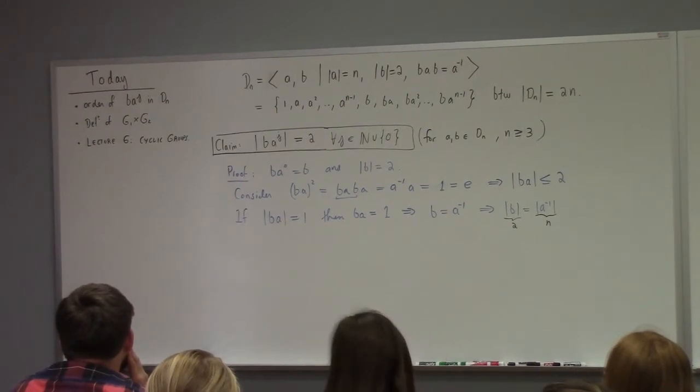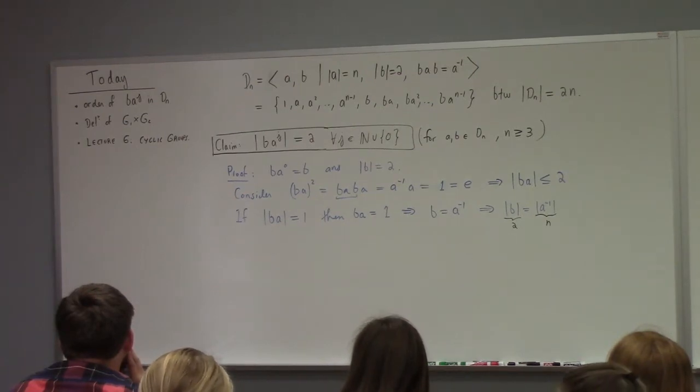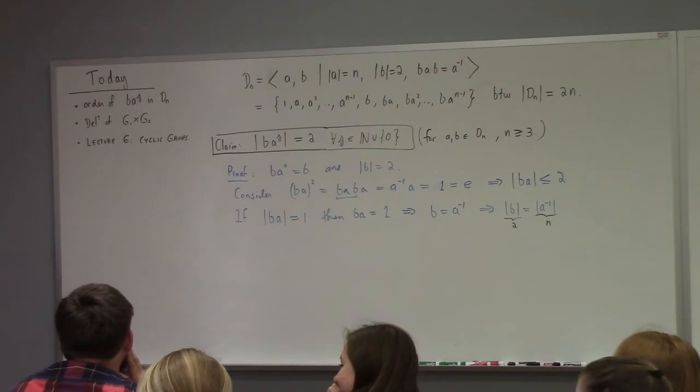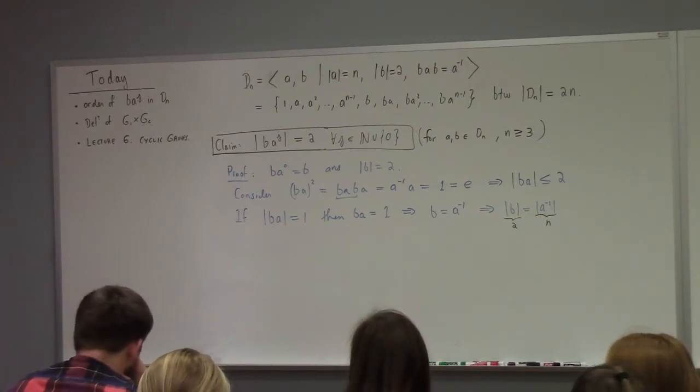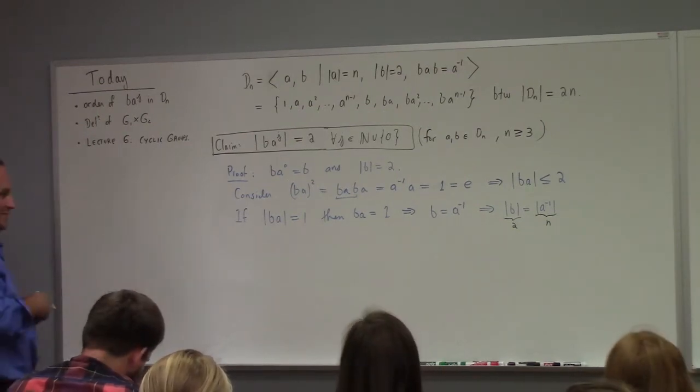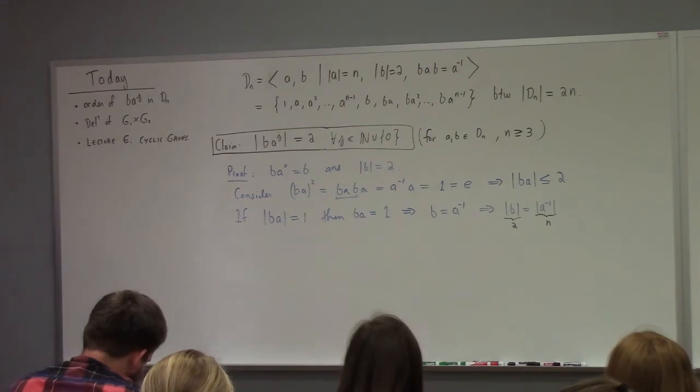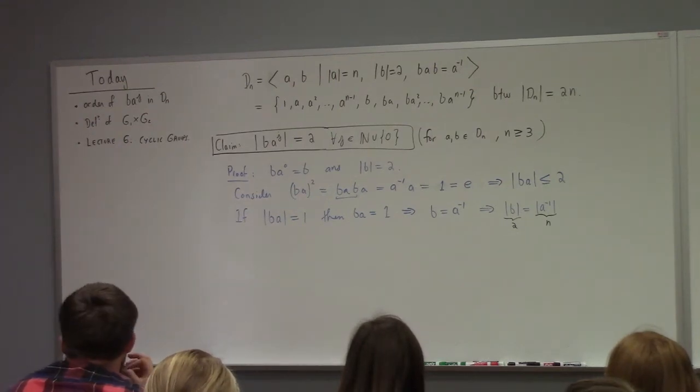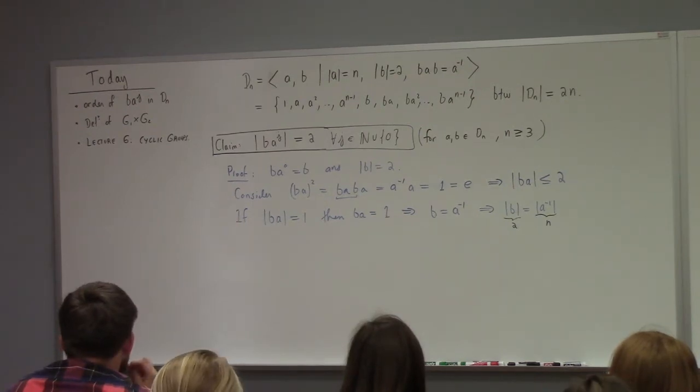So how could the same element have different orders? Order is well defined. Oh, right. It's fine. It's good to question things. Okay, so maybe my question is, does an element and its own inverse have the same order necessarily? Yes, we proved that. That is what we have proved, yes.